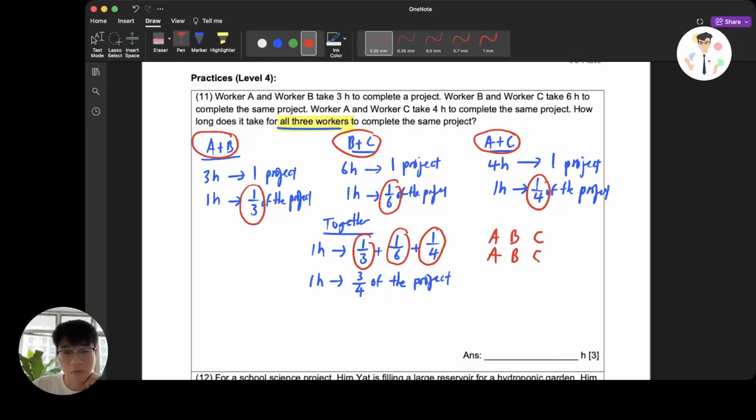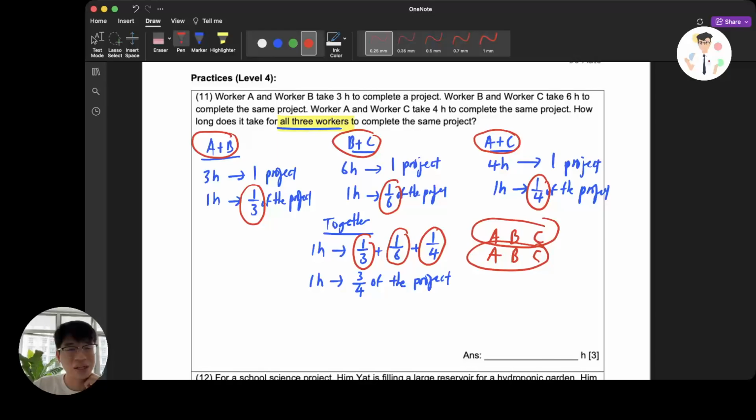From A, B, C, A, B, C. Teacher, this 3 out of 4 is from these 6 workers. But I want only A, B, C. But this is actually from A, B, C, A, B, C, right?